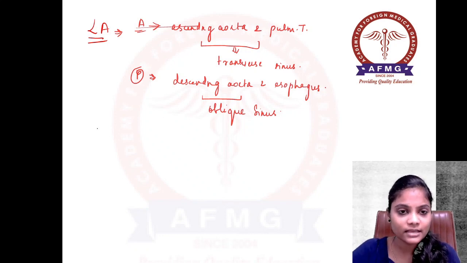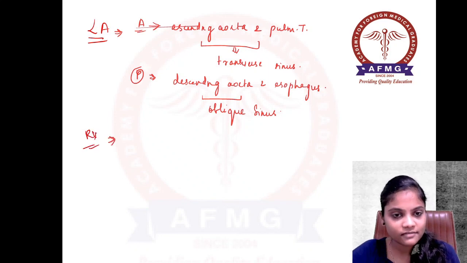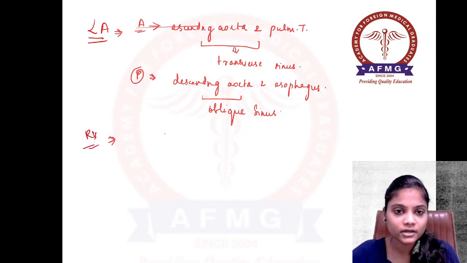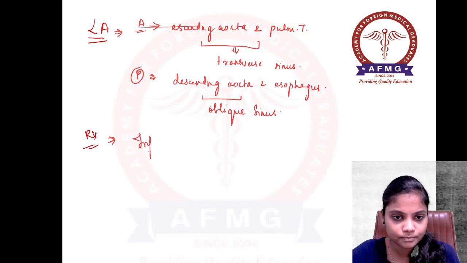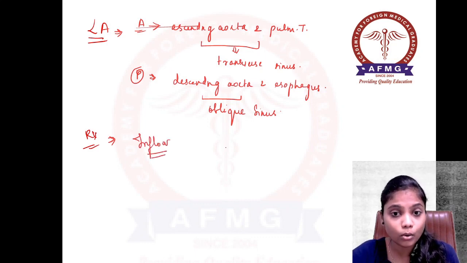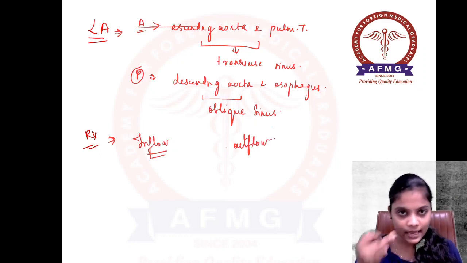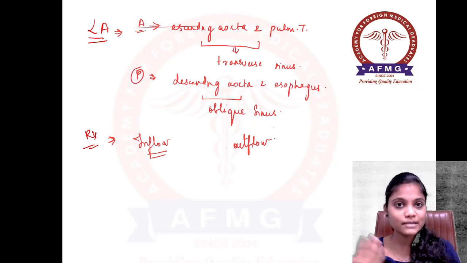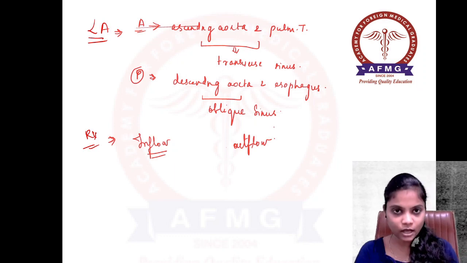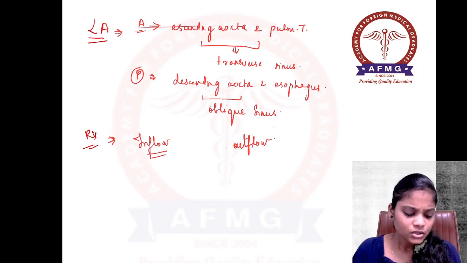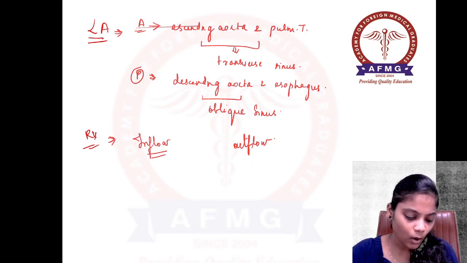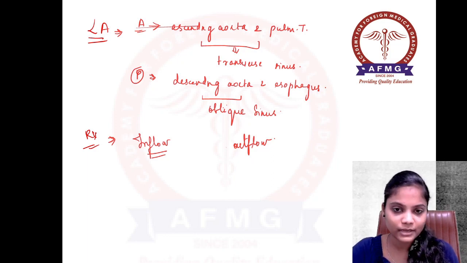Now, same like that, we have it for the right ventricle as well. In the right ventricle, what you have to remember, very important, is there is an inflow and there is an outflow. So in the right ventricle obviously there will be inflow and outflow to the pulmonary artery. If at all they are asking about the inflow portion, it is made of trabeculae.